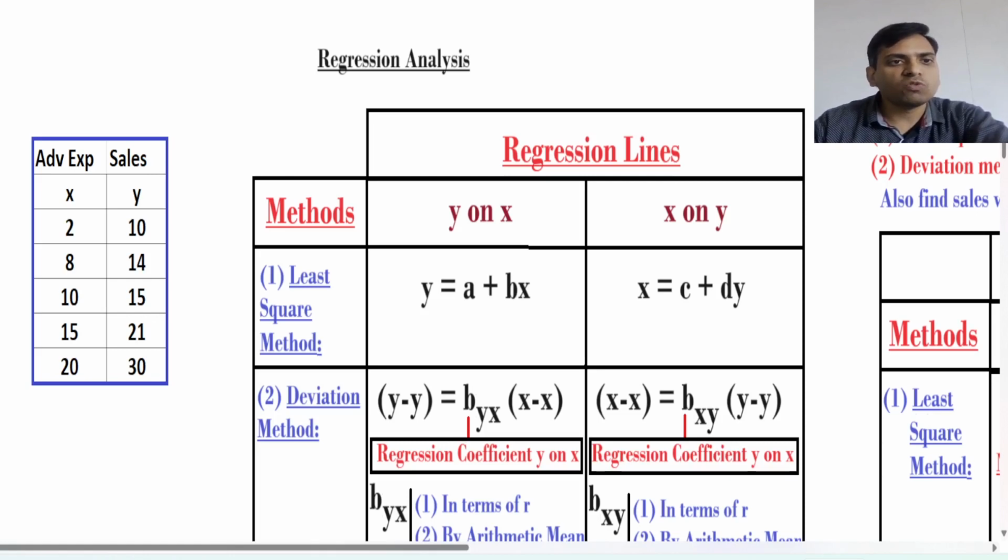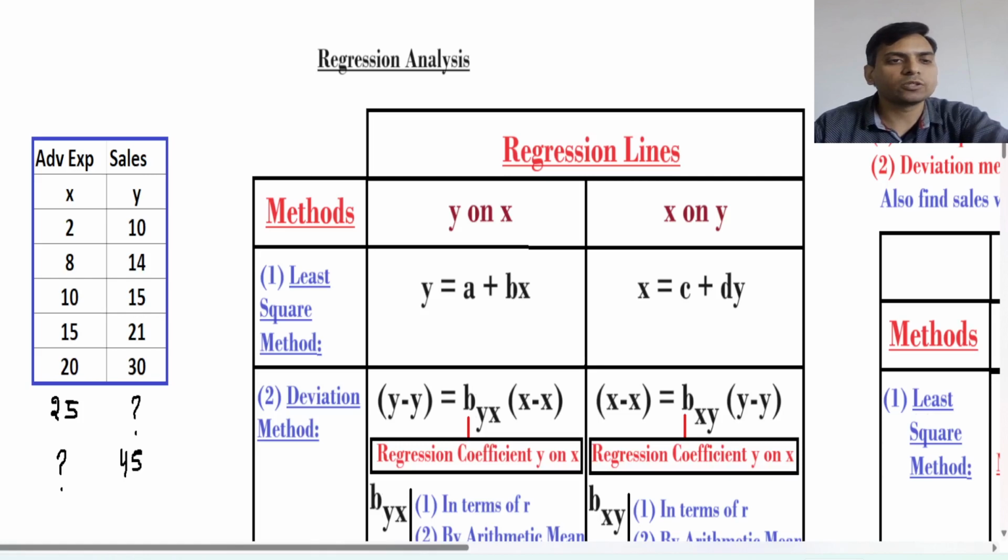So suppose we need to find sales when advertisement expenditure is 25 lakh rupees. Or in a second situation, you need to find the required advertisement expenditure when target sales is 45.